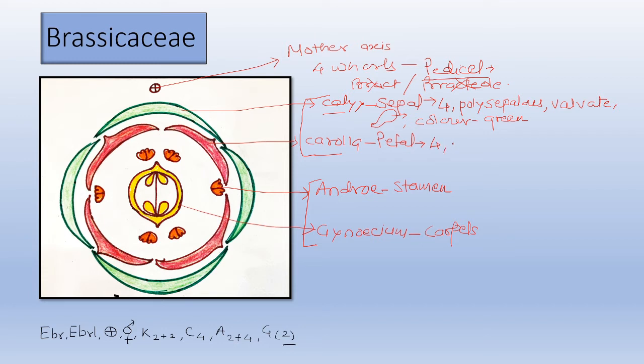Are they free or fused? They are free, so we call them polypetalous. How are they arranged? Which type of estivation is there? The estivation in this case also is valvate, as they are arranged in an end-to-end manner. No overlapping is there. So it is the valvate type of estivation. Then you mention its form or shape.